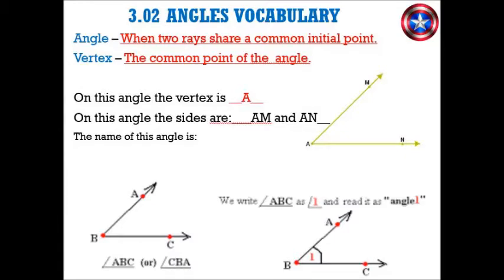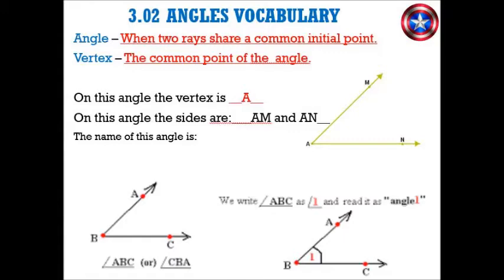Angle vocabulary. Angle: when 2 rays share a common initial point. Vertex: the common point of the angle. On this angle to the right, the vertex is A. On this angle, the sides are AM and AN.